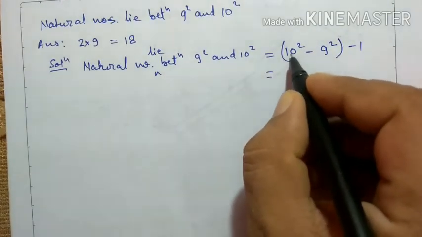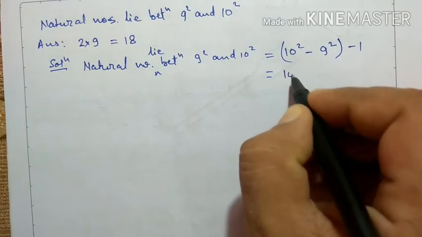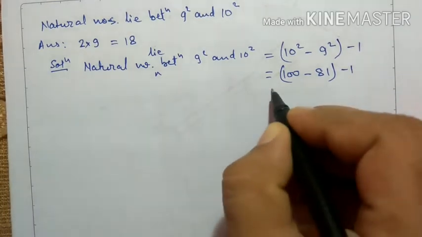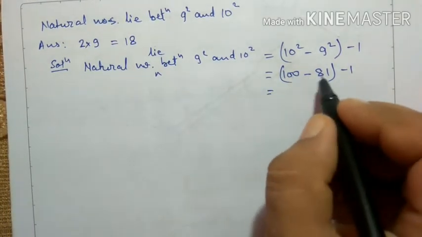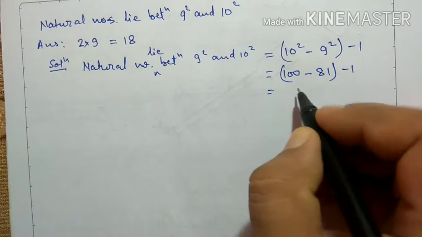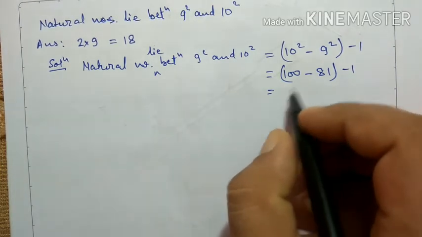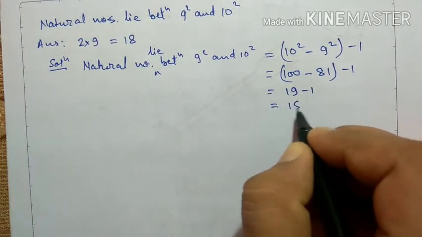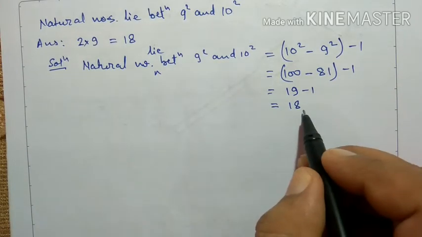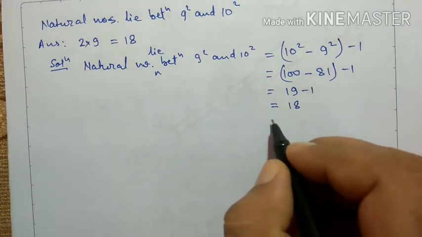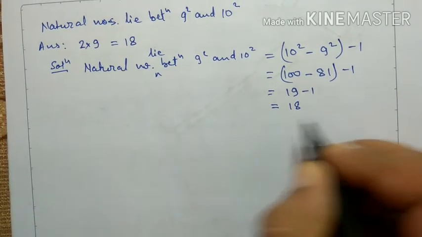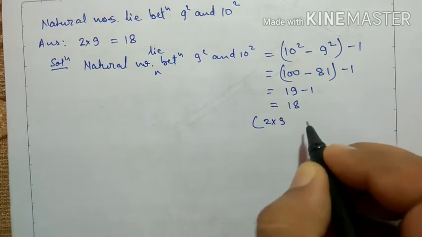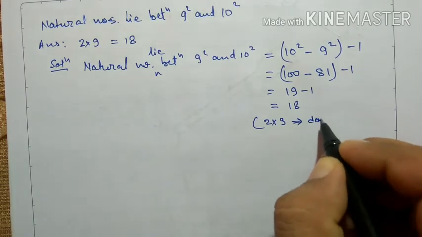This will be equal to 10 square, which is 100, minus 9 square, which is 81, and then minus 1. 81 subtracted from 100 gives 19, minus 1, and the result is 18. And you know 18 is double of 9, that is, double of the smaller number, 2 into 9.